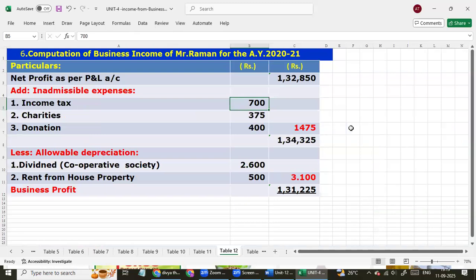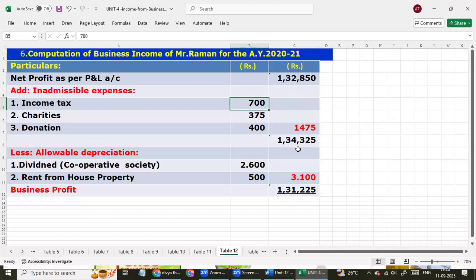Then dividend from cooperative society and income from house property will not be allowed as incomes. Why? Because they are not part of regular activity. And hence, 1,32,850 minus 14,175, the income I received is 1,34,325.